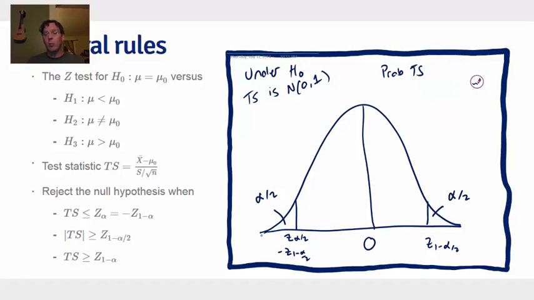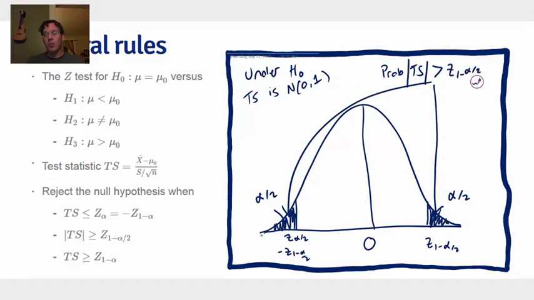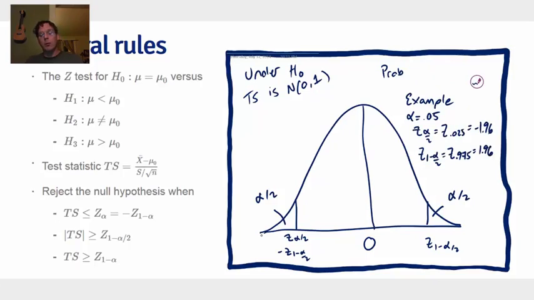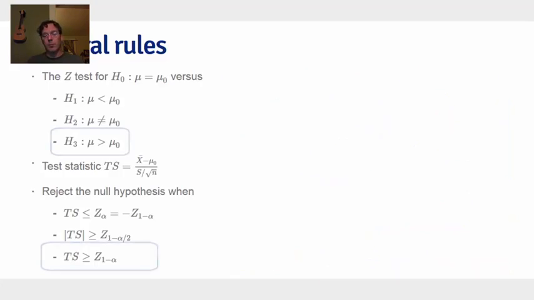And that rule boils down to reject if the absolute value of our test statistic is bigger than the appropriate z quantile, but instead of calculated at, say, 95%, calculated at 97.5%, so that 2.5% lies above it. And the final case is the one that we already considered.